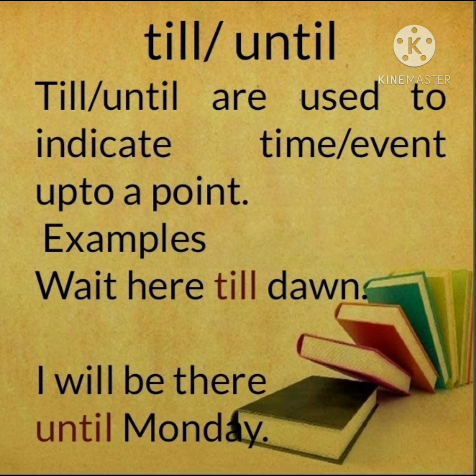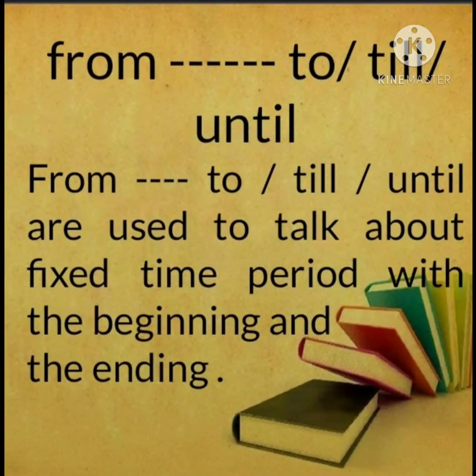That means you have to wait up to the particular time mentioned in the sentence, that is dawn. Next example is, I will be there until Monday. It tells that I will be there up to Monday. That means I am not going to leave before Monday. I am there until Monday.